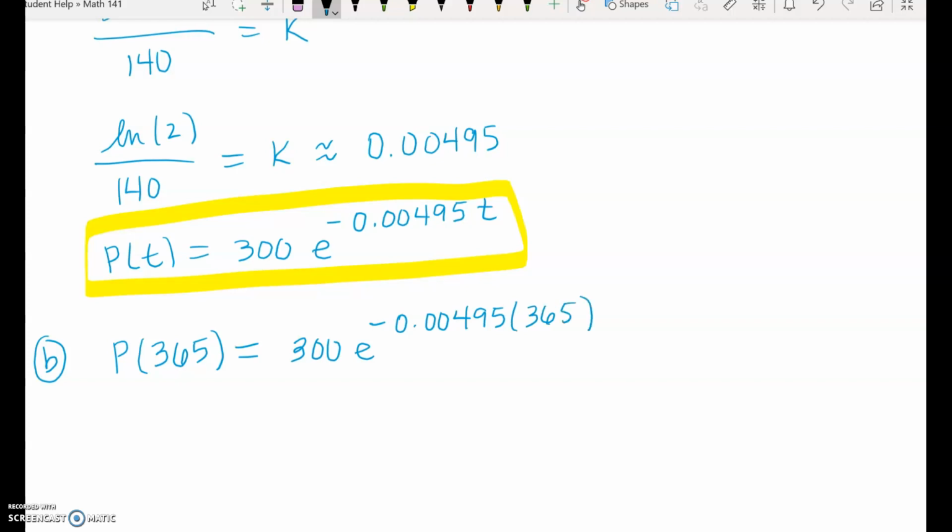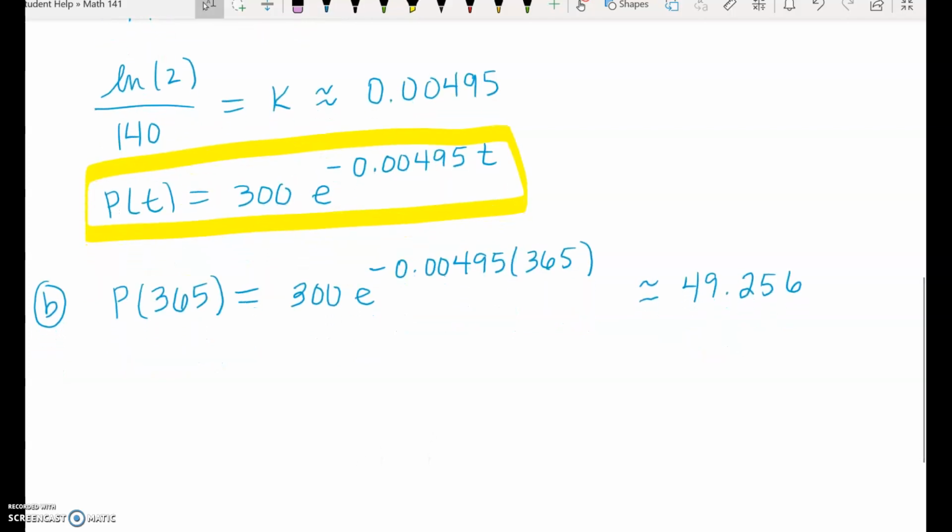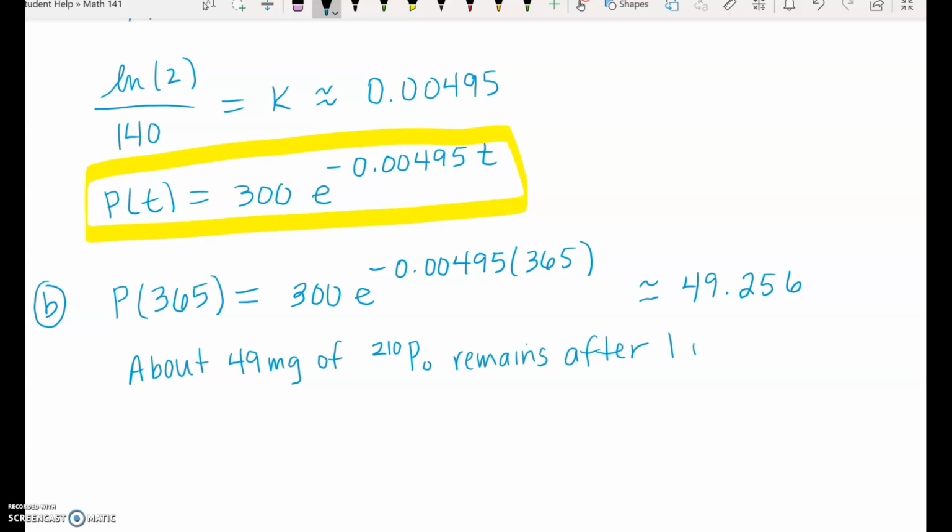And this is just plugging into the calculator, and you'll get 49.256. So this means that about 49 milligrams of the substance remains after 1 year.